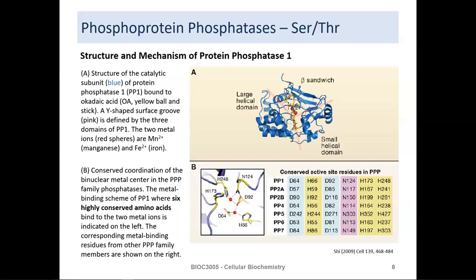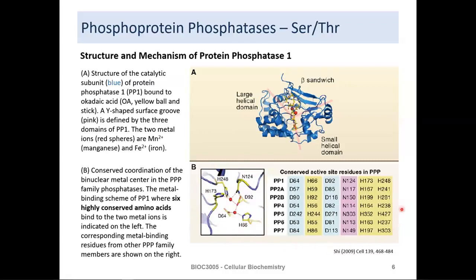In the second panel, we can start to understand the conserved residues of the PPP family. In PP1, there are metal binding amino acids, and these are 6 highly conserved amino acids across the PPP family. We can see in the leftmost panel 2 metal ions being bound by these 6 conserved residues.